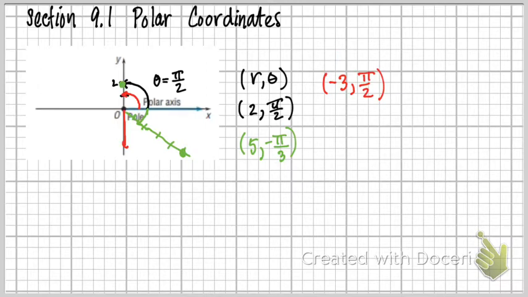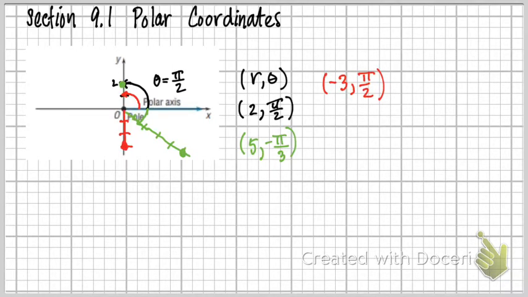That negative makes it the opposite direction. So I'd go in that direction, 1, 2, 3. So there would be my point right there. As you can see, we can have negative radii now, and our angles still work the same as they did with the unit circle.